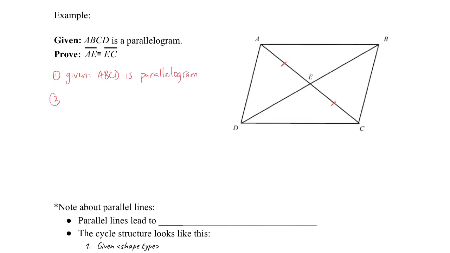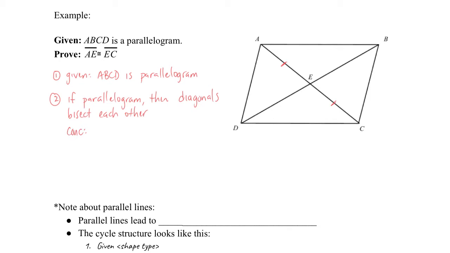Step two, if it's a parallelogram, then diagonals bisect each other. So there's the property. Given shape name is a shape type, if shape type, then what's the property? Diagonals bisect each other. Your conclusion should match whatever property you're talking about.